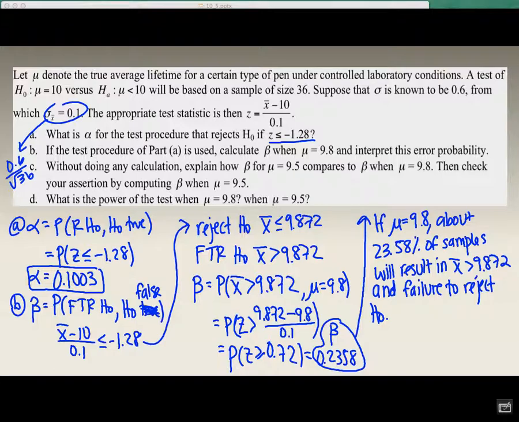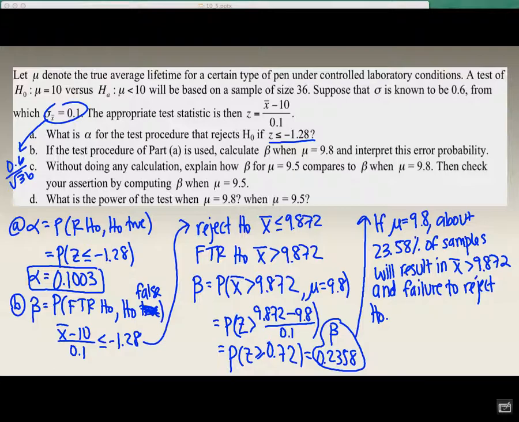Okay. Questions? No? You guys are with me? Okay. So C, without doing any calculation, explain how beta for mu equals 9.5 will compare to beta when mu equals 9.8, and then actually calculate beta.